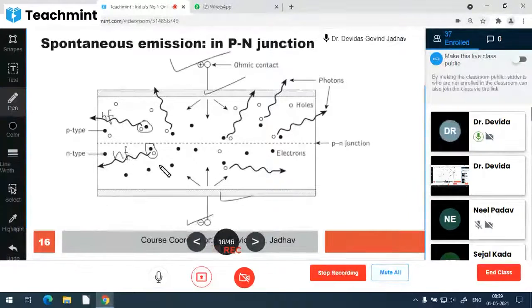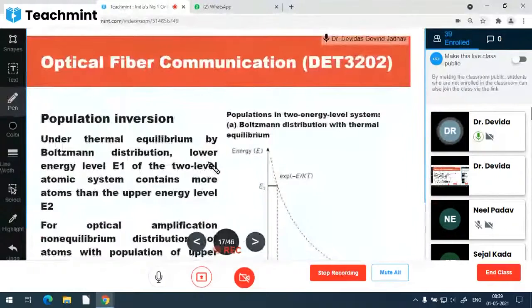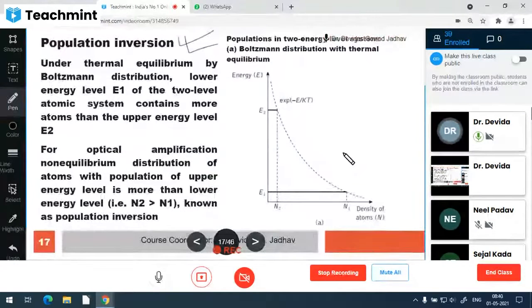So no direction, no polarization, no phase relation is there between the different photons. That's why the photons are incoherent, but all the photons have the same energy. That's why they are monochromatic.